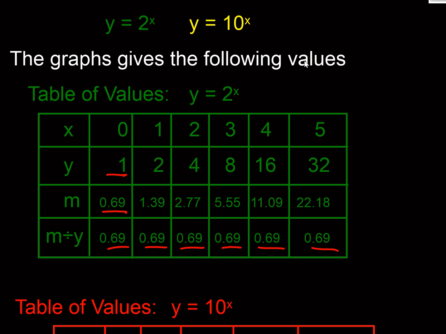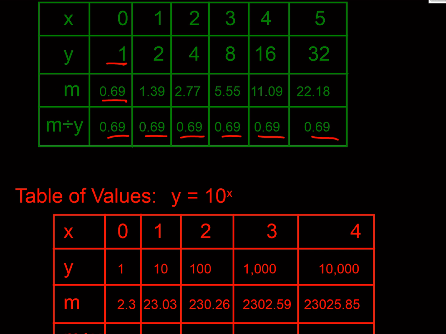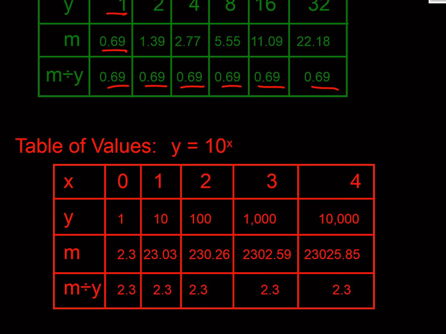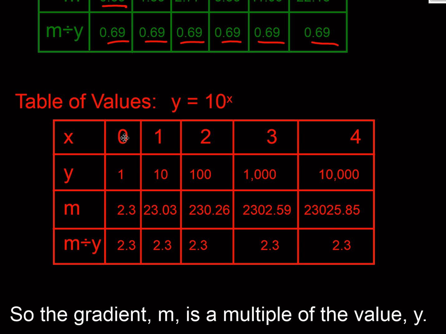So if we were to tabulate those values in the same way, for each of our x values, x equals 0, 1, 2, let's have a quick look here. So if we tabulate it for 0, 1, 2, 3 and 4, we can see our y values pretty quickly, isn't it? Because 10 to the 0 is 1, 10 to the 1 is 10, 10 to the 2 is 100, 10 to the 3 is 1,000, and 10 to the 4 is 10,000.